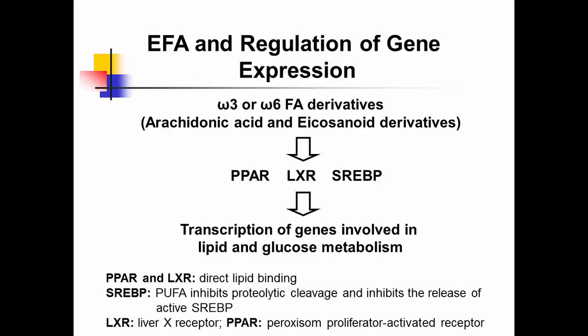So the eicosanoid can regulate SREBP activity and cholesterol synthesis. And PPAR gamma, PPAR, are a set of transcription factors that can regulate lipogenesis and also some other sets of enzymes involved in lipid metabolism.